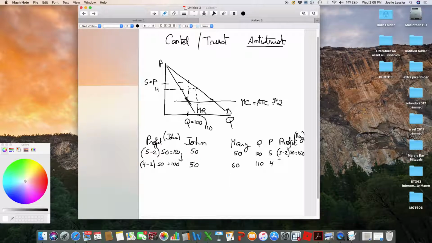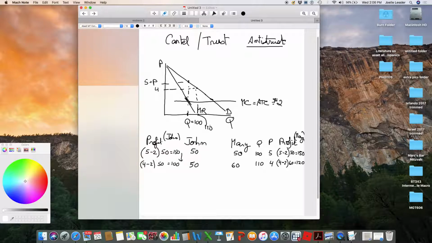What about Mary? Mary is going to make 4 minus 2, but she is producing 60, so she makes 120. So this is a situation where she would not end up cheating, because it doesn't pay for her to cheat.